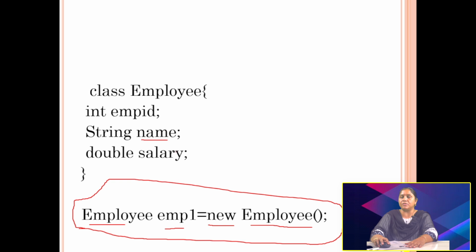When you execute this statement, the emp1 object will be created with these three instance variables with default values. What will be the default value for emp ID? As it's an integer, it will be 0. For the String name variable, the default value will be null. Salary's default value will be 0.0.